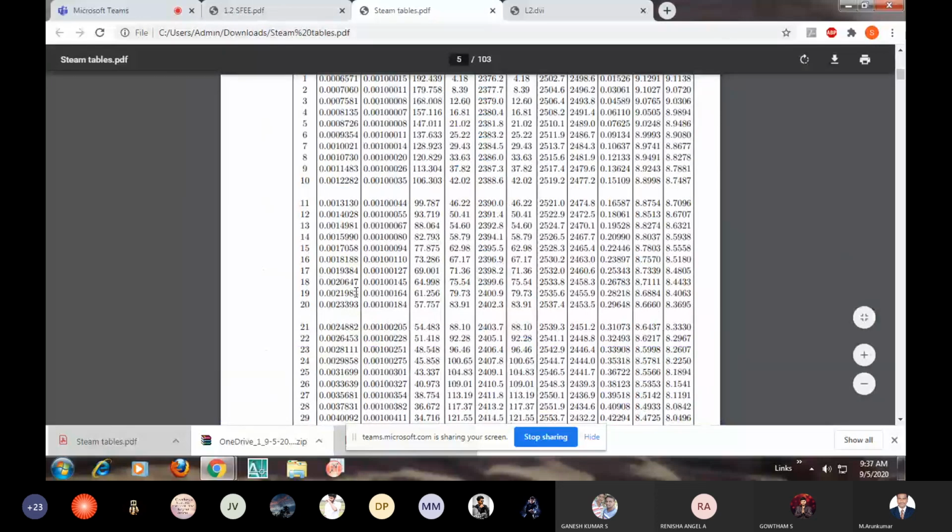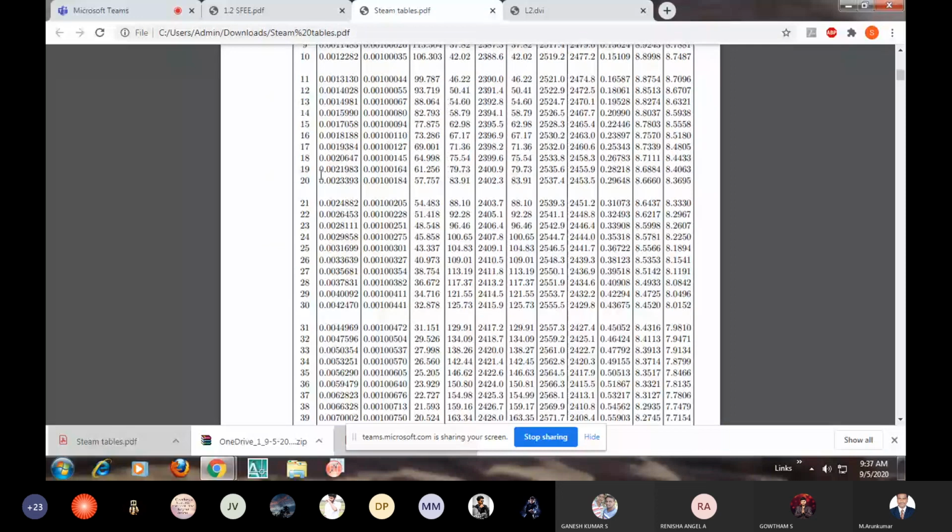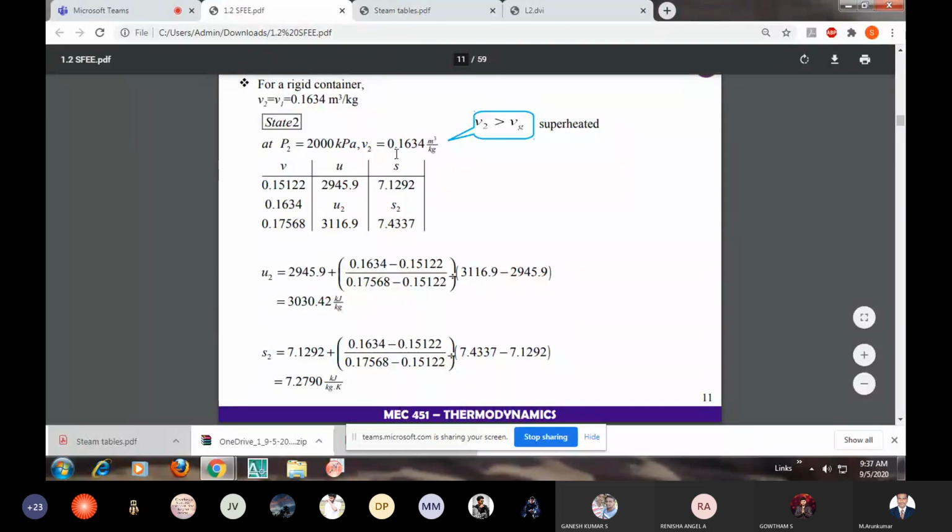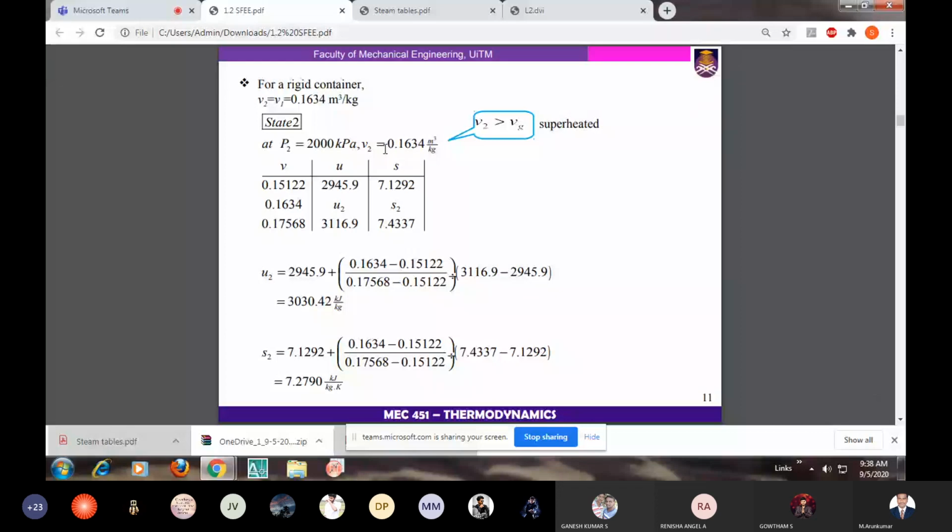Here, we have to interpolate. Here V2 is more, that is 0.16 compared to 0.001, so we have to go to the superheated steam table.